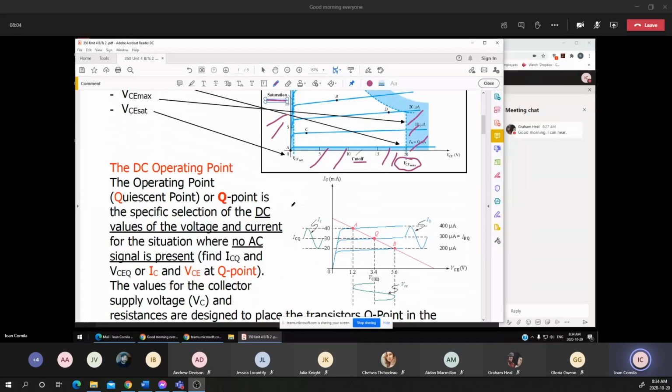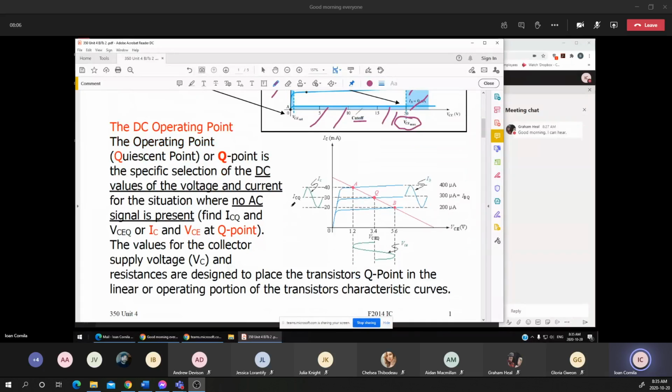point, or the operating region, or the operating conditions in DC voltage. It means that the quiescent point, or the Q point, is established by using a certain voltage and the external components, which are resistors.